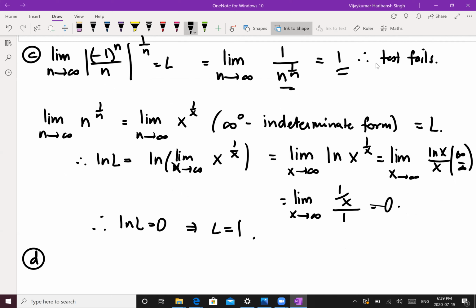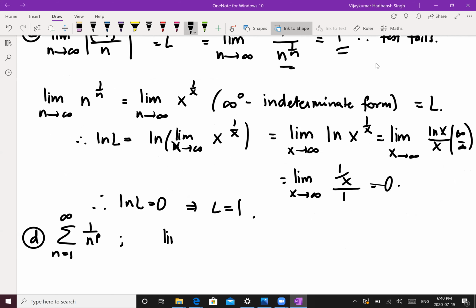Similarly, if you look at the series summation of n to the power p, n equals 1 to infinity, let's apply the root test here. The limit as n goes to infinity of the absolute value of an to the power 1 over n is going to be the limit as n goes to infinity of 1 by n to the power p by n.